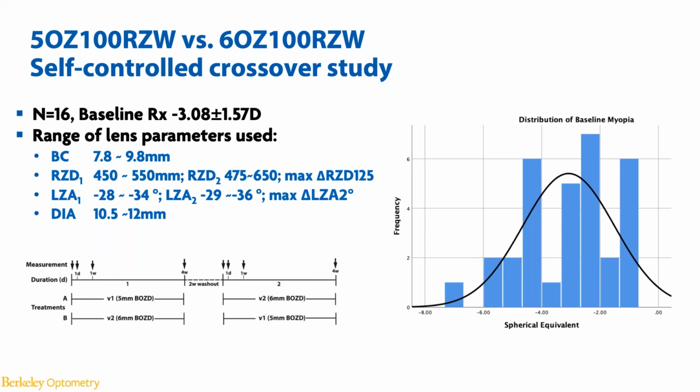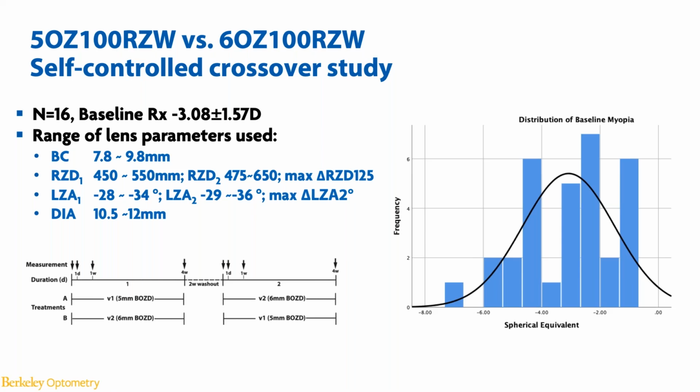You can see we have covered a pretty wide range of the base curve and a pretty wide range of the return zone depth in both meridians, and with a maximum delta return zone depth, so a dual axis amount of 125 microns. And we've also utilized a dual axis landing zone design in most of the subjects. And the diameter of the lenses ranged from 10.5 all the way to 12 millimeters.